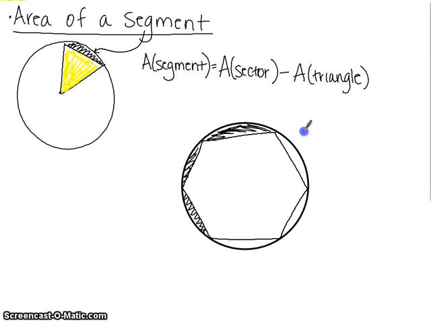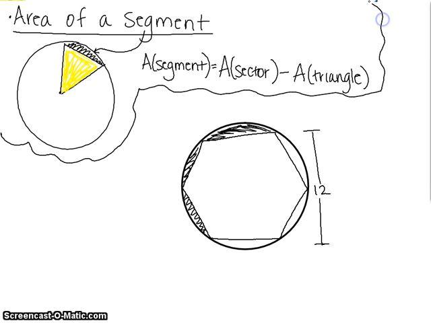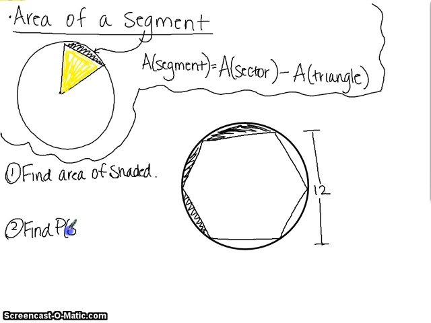And then this is going to be 12. All right. So what we want to do is actually the same directions as the previous one. First of all, we want to find the area of the shaded region, then find the probability of landing in that shaded region. Okay, and that should do it.